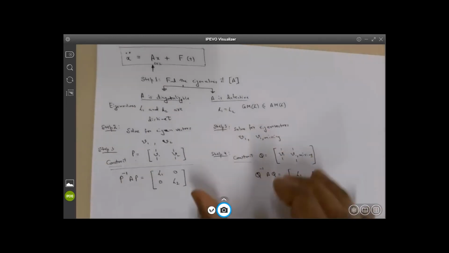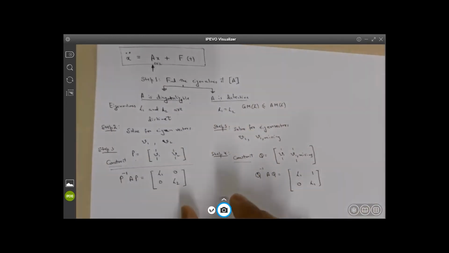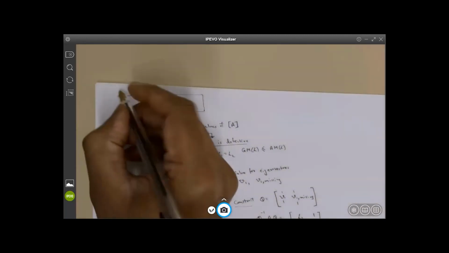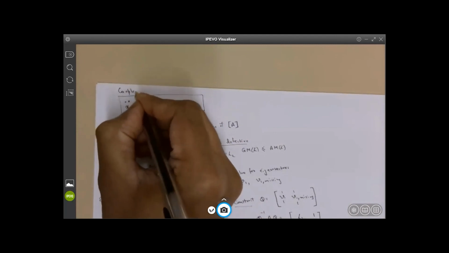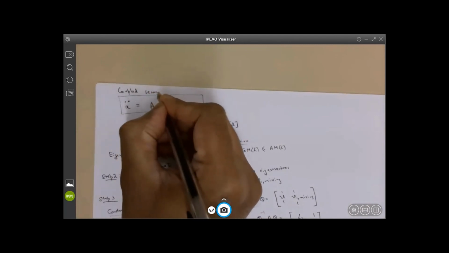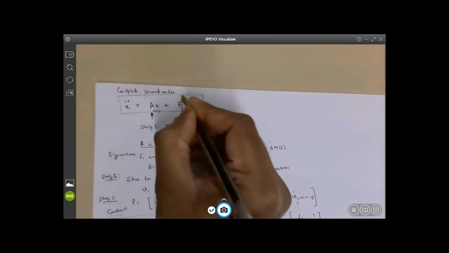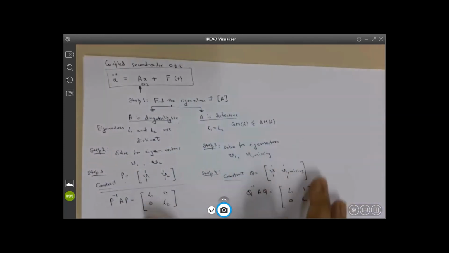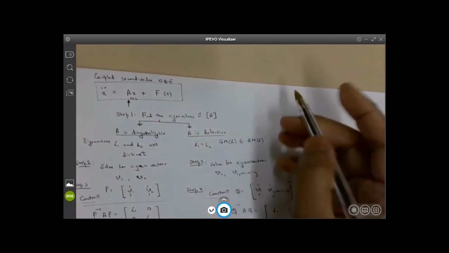So we basically have built a framework to solve this equation, which is a coupled second order ODE. We have built this framework, the groundwork we have done. Now how to solve that? We'll go to the solution.